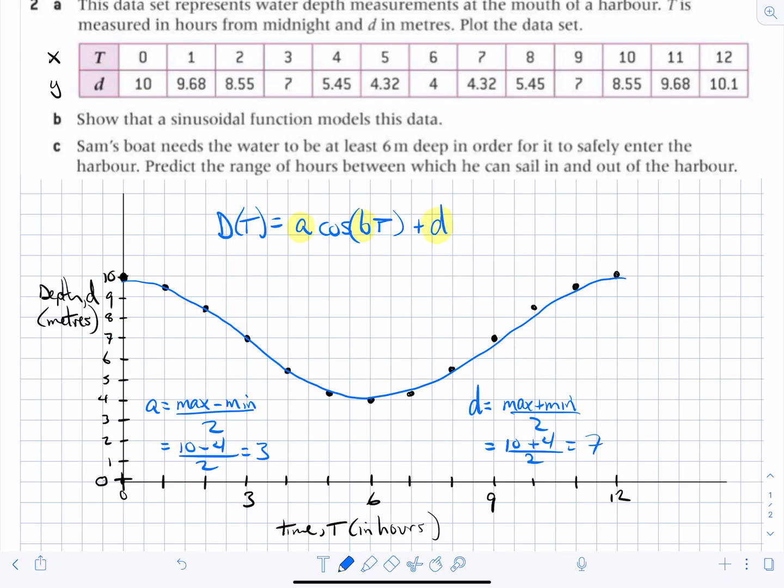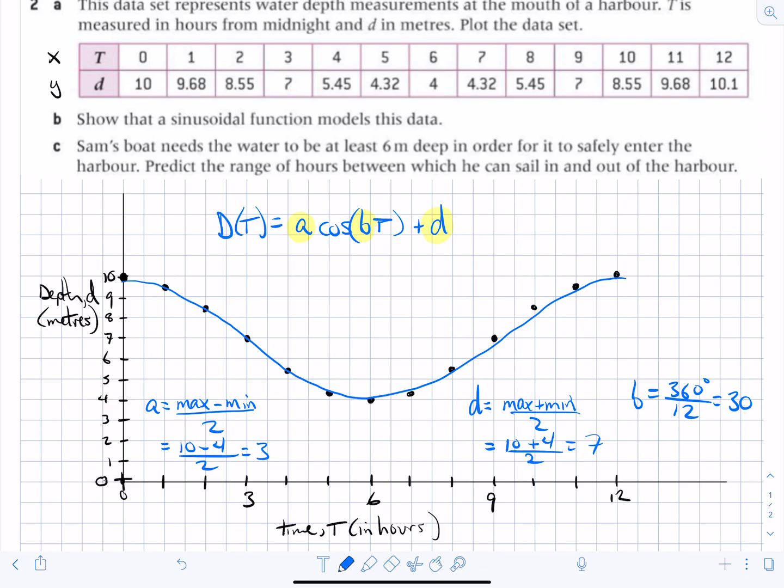And last but not least is B. B, remember, has to do with the period. So how far do I have to go along the x-axis before this pattern starts to repeat? I dare say it'll be 12. So it'll be 360 degrees divided by 12, which is equal to, I cannot think, 30. Okay?